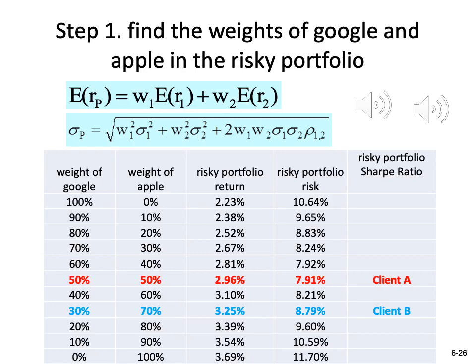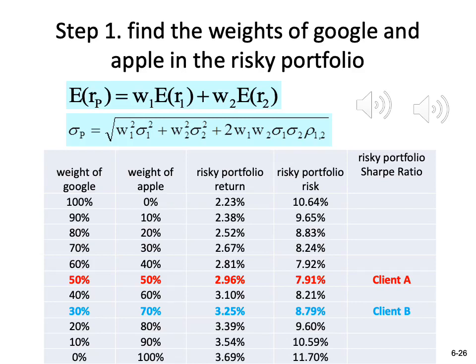Then we are going to use the two formulas in this slide to calculate the risky portfolio return and risky portfolio risk. So basically, you just need to plug in all the numbers presented in the problem setup into those two formulas. All right, now we are ready to pick the best combination for our clients in the risky portfolio.